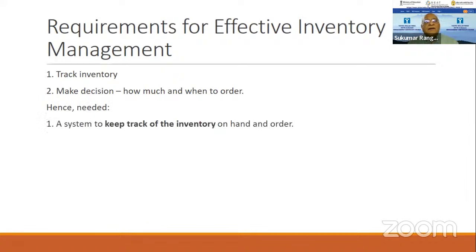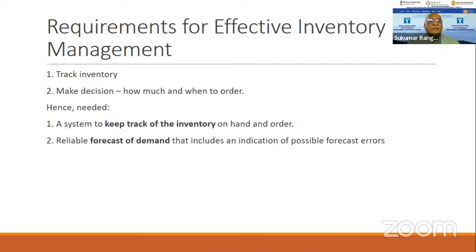Hence, it is needed that there must be a system to keep track of the inventory on hand. Now, this could be manual, it could be automated. We'll see how organizations keep track. Well, in our case, the kind of inventory, there are only limited items of inventory, and as I said, a limited number of processes.